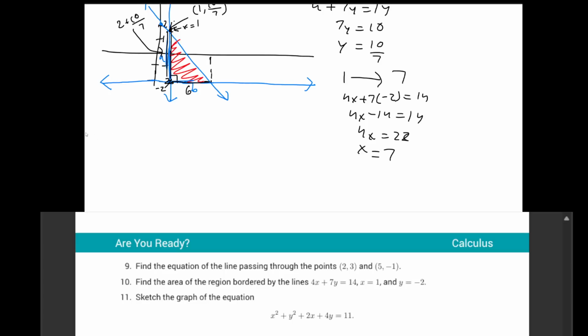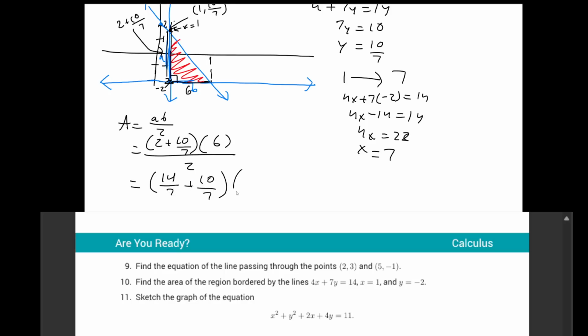So really our area then, remember A equals AB over 2. This will just be 2 plus 10 over 7 times 6 over 2. We can simplify it. This will just be 14 over 7 plus 10 over 7 times 6 over 2.